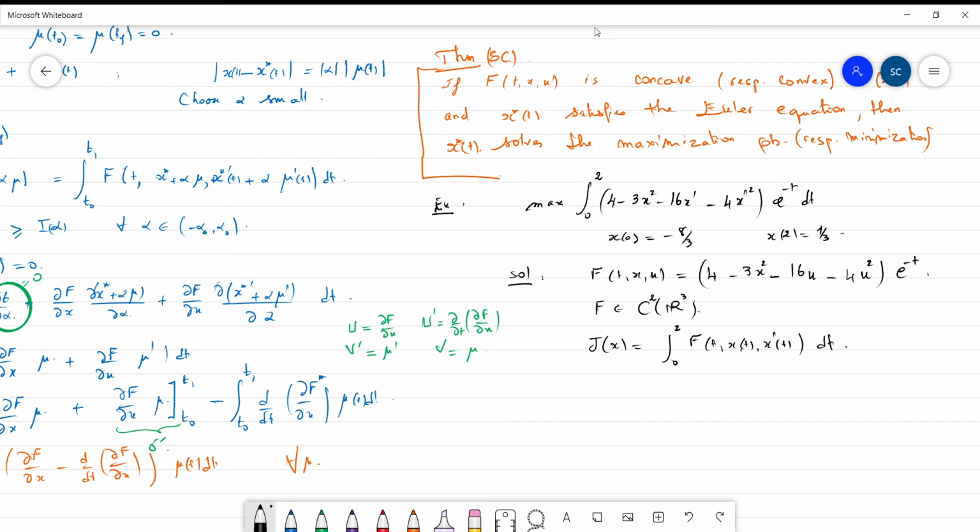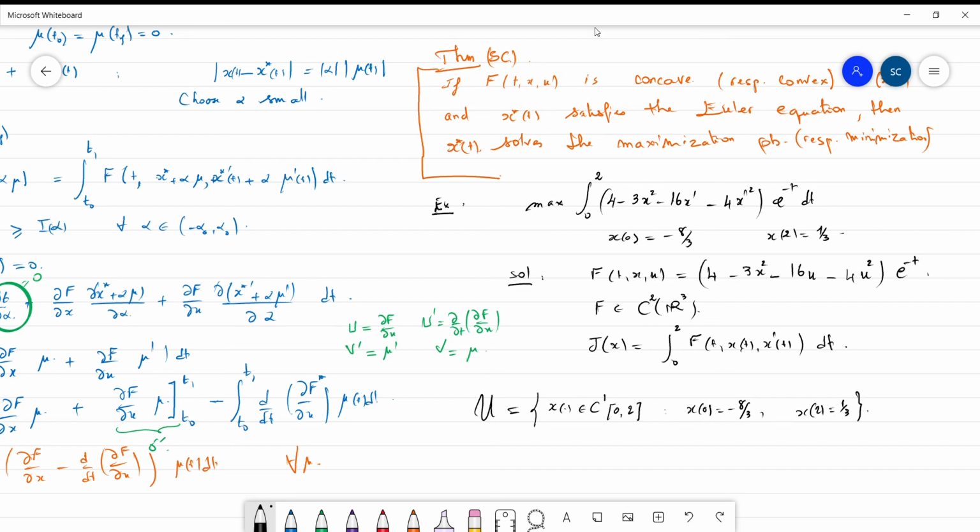So we are in the same category of problems, and many problems are classified in optimization, so we need to work under the same assumptions. We look for our solution in the set of functions that are C1 over the interval 0 to 2 and take the endpoint values x of 0 equal minus 8 over 3 and x of 2 equal 1 over 3.